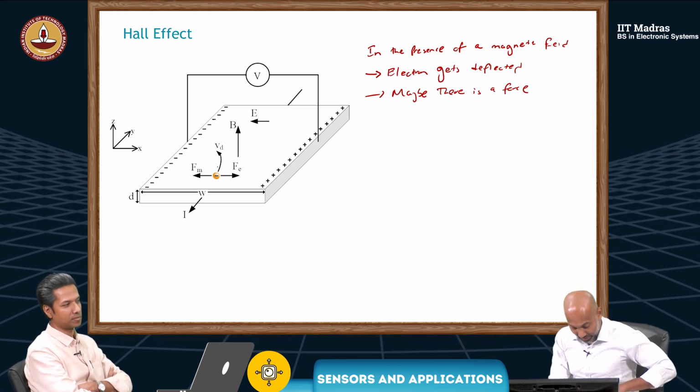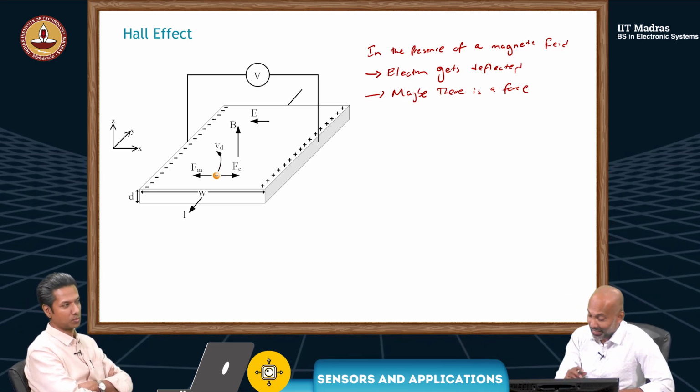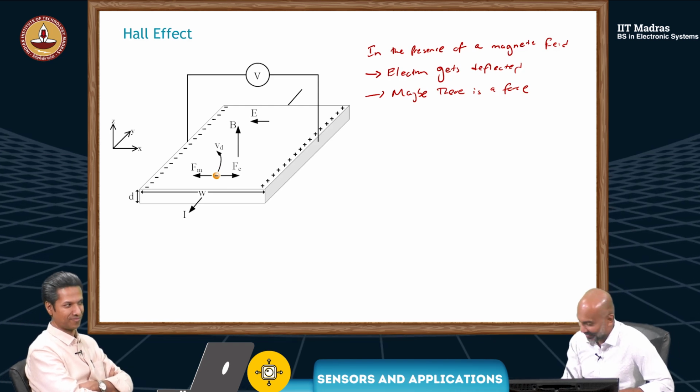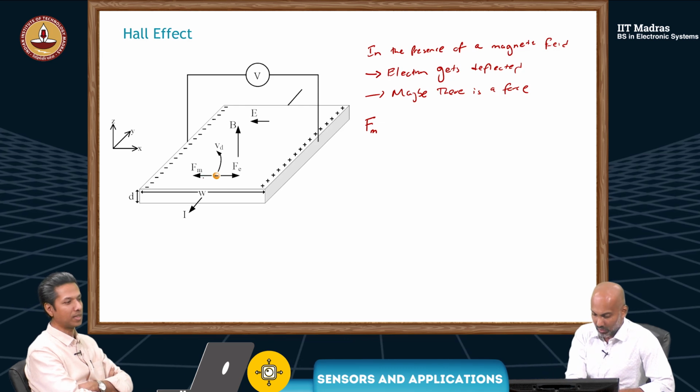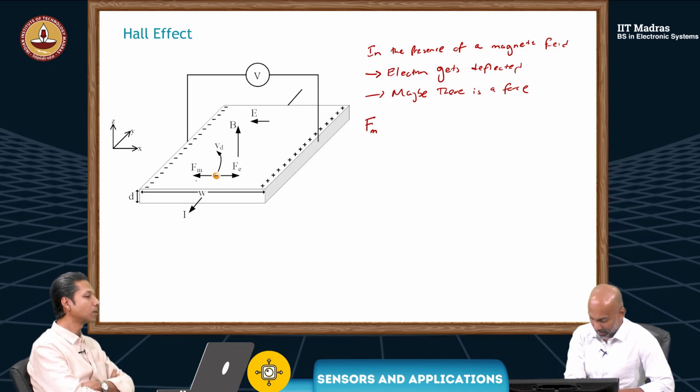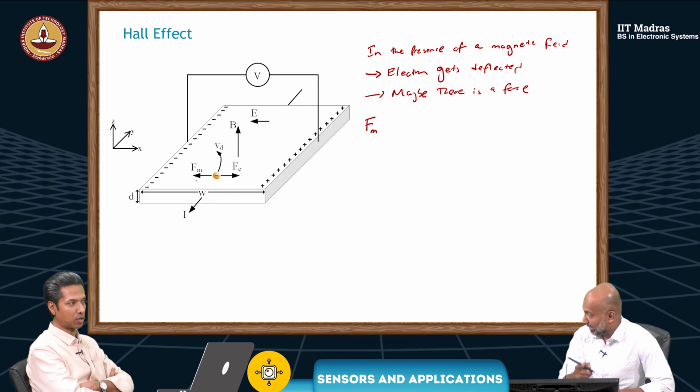You're correct. When there is an applied magnetic field, there is something called a magnetic force, as you can see here, that is acting on that electron.